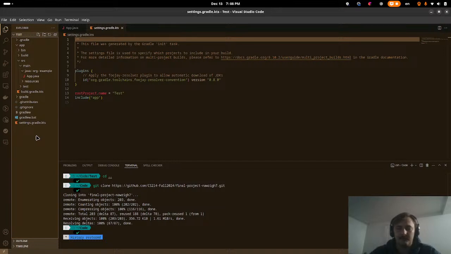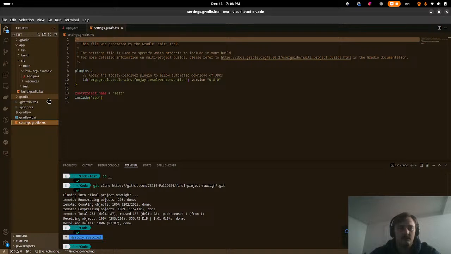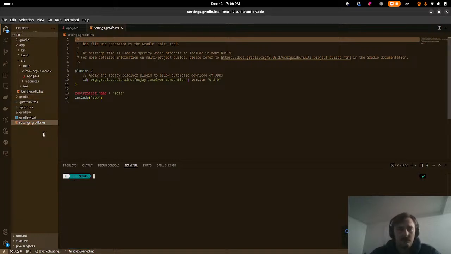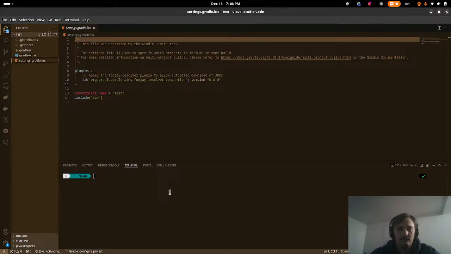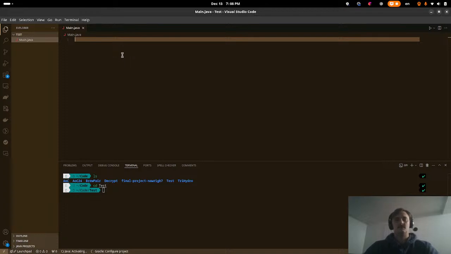I was just playing with something here. Wait, why am I in code right here? There's no Gradle project in here.